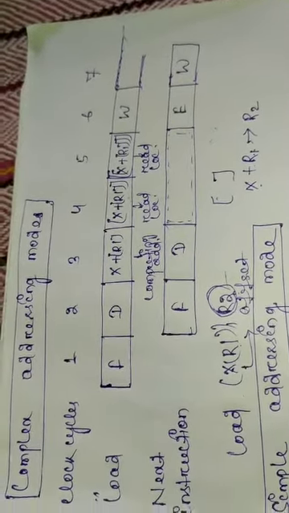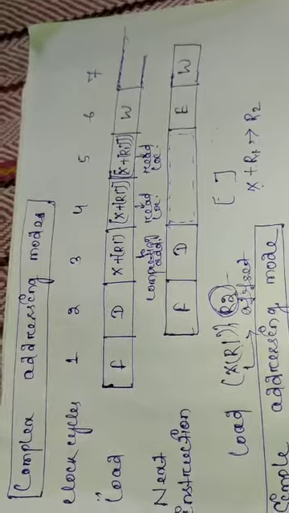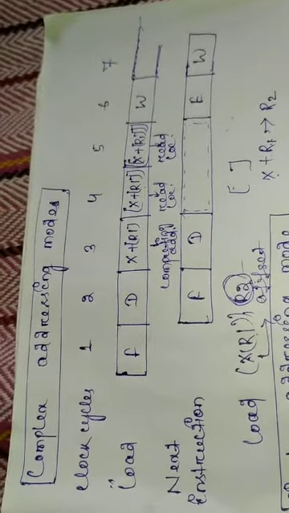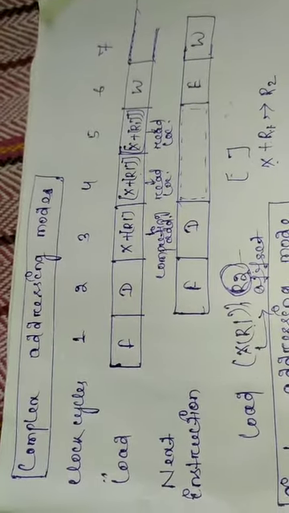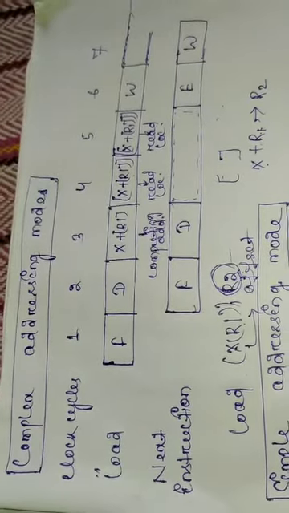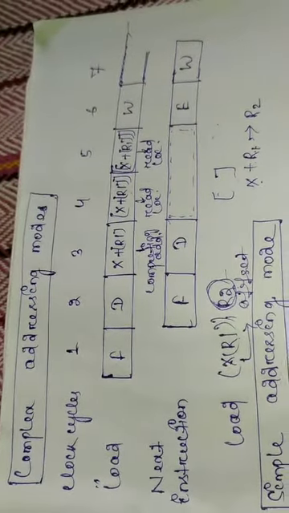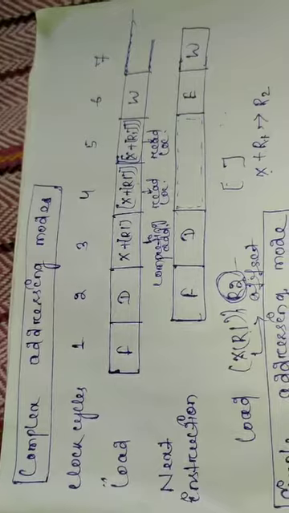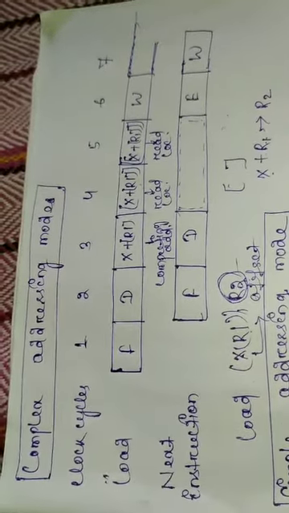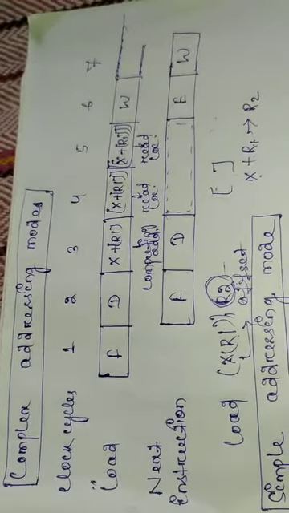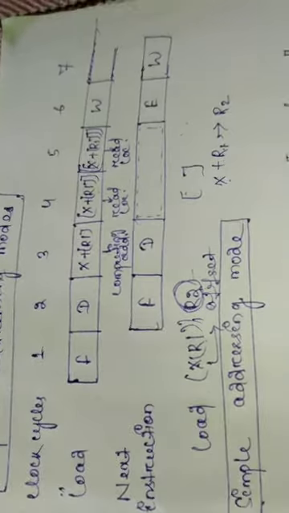We are performing multiple operations in a single instruction, so that's why it is called complex addressing mode. But if we implement the same thing in simple addressing mode, then we divide that instruction into small instructions.